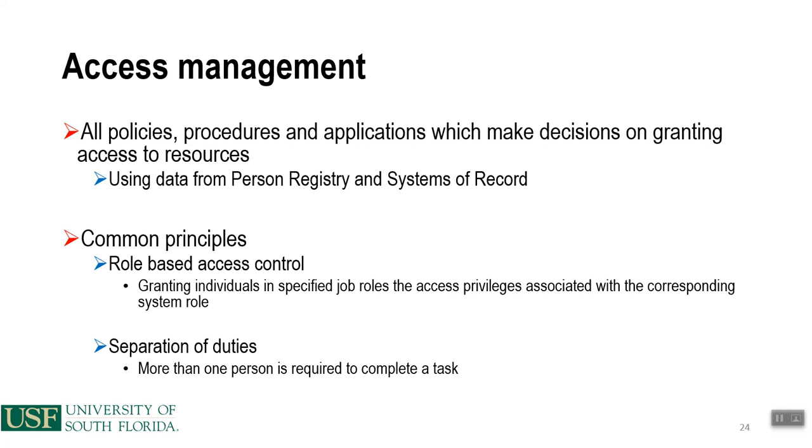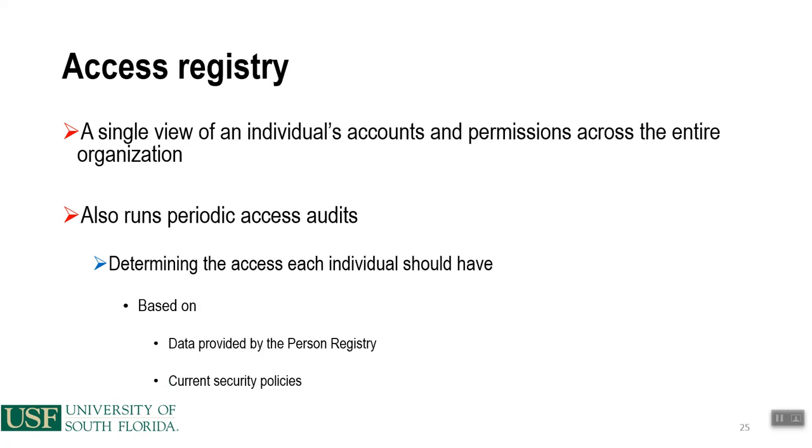So you make sure you understand everybody's system role within an organization and grant them the appropriate access privileges. You don't want to give root access to everybody, because that's not going to be beneficial. They're going to start to download and install pieces of software which you may not want installed. And then also separation of duties: more than one person is required to complete a task.